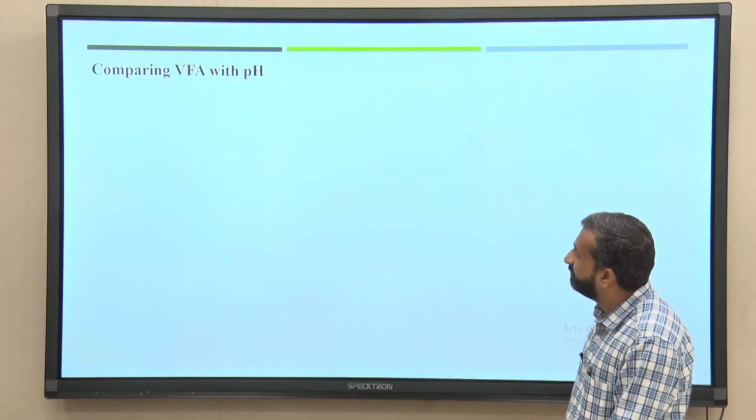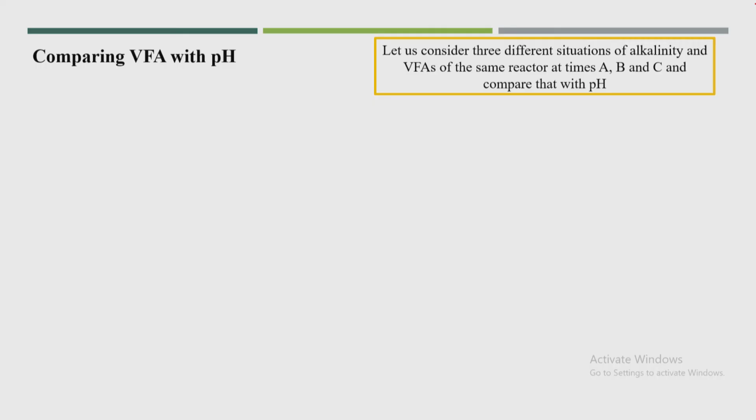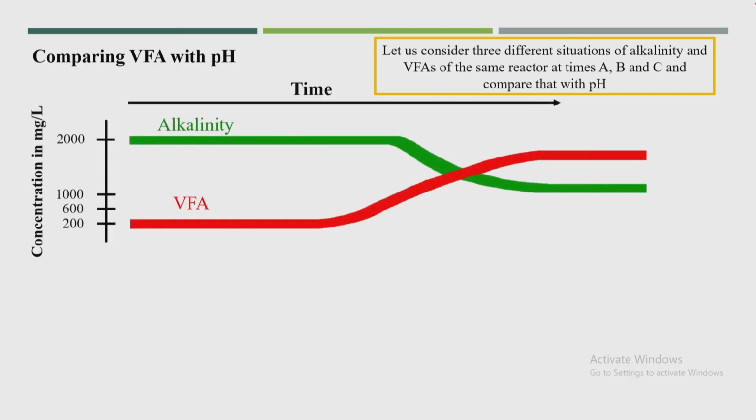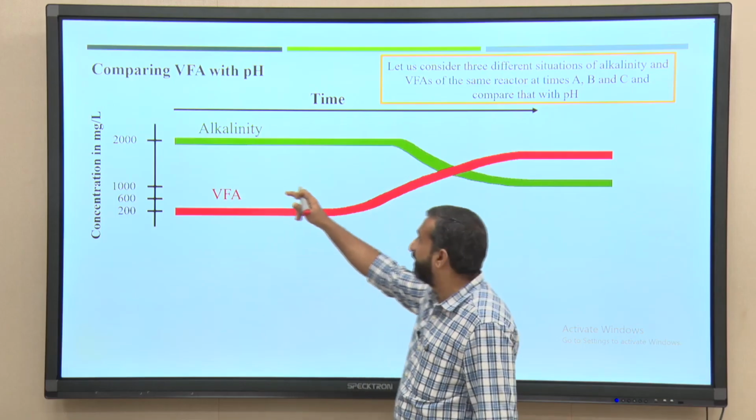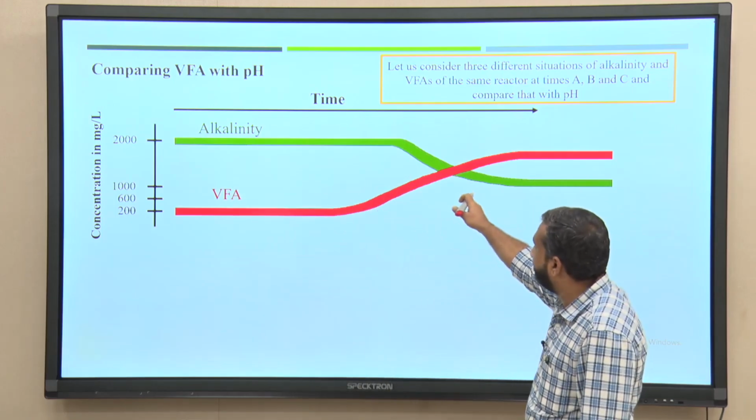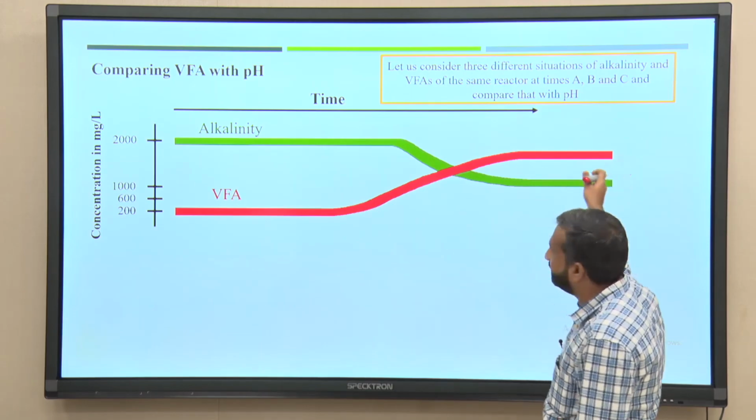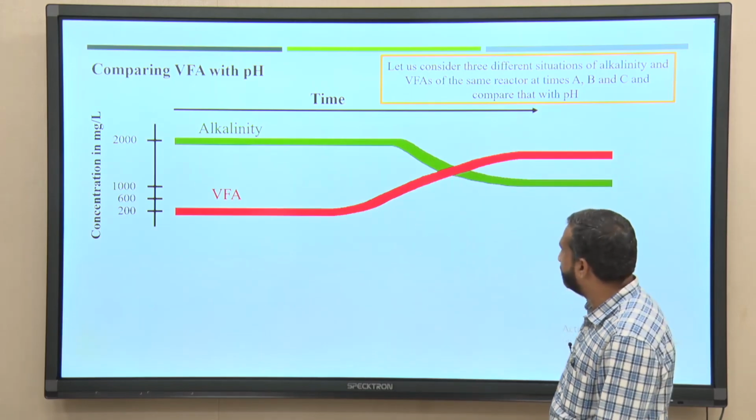When you compare the VFA with pH, let us consider three different situations of alkalinity and VFA in the same reactor at times A, B and C, and then compare the pH of the reactor. When you started the reactor, your VFA was 200 milligram per liter and alkalinity was 2000 milligram per liter, but at one point the VFA increased and the alkalinity was reduced.